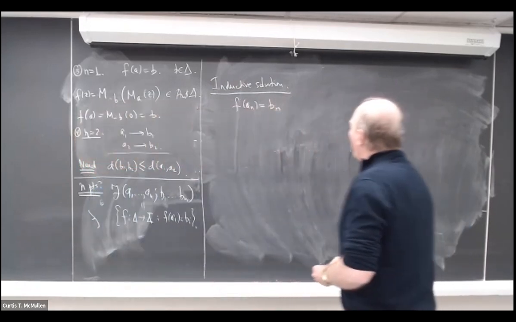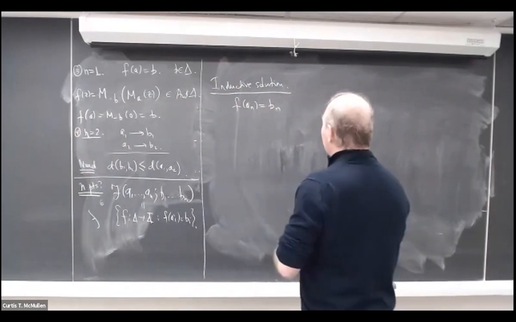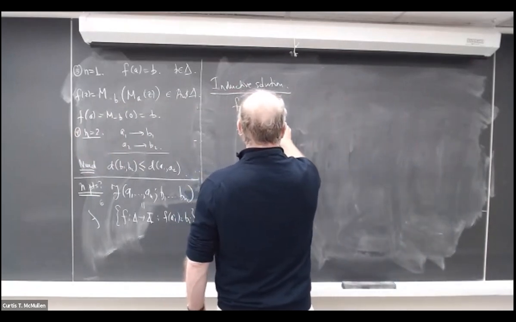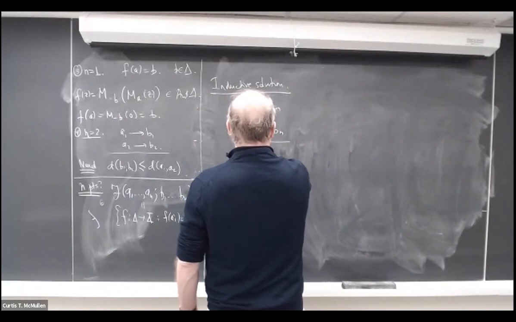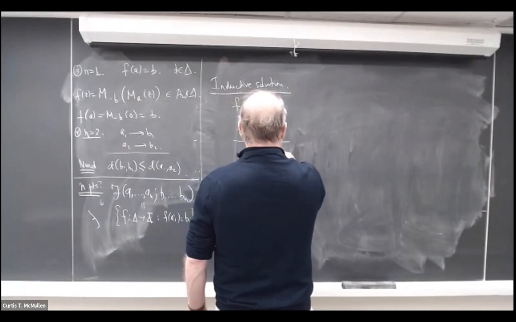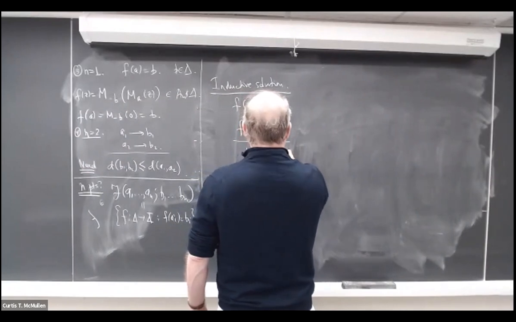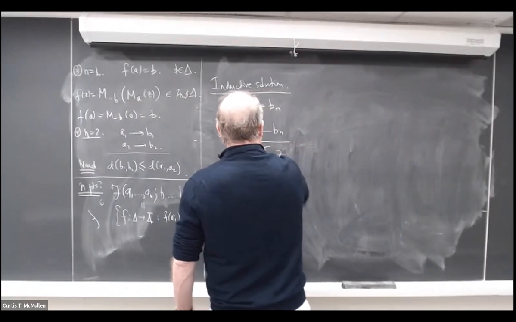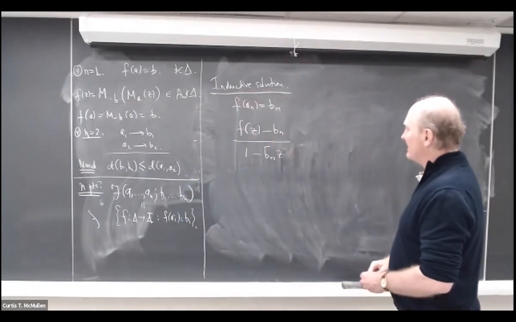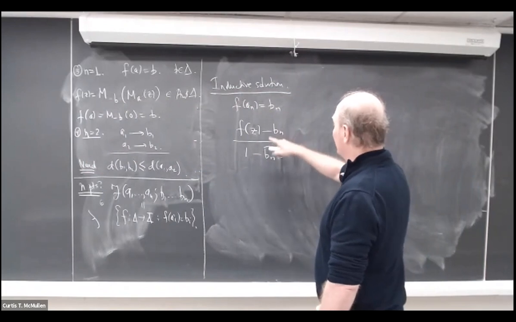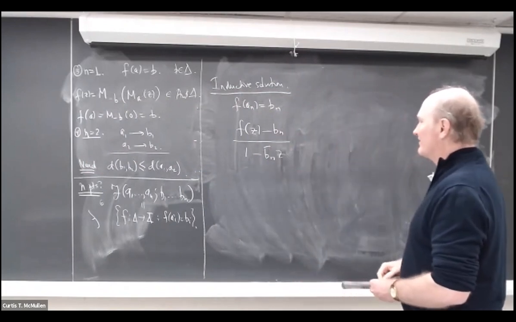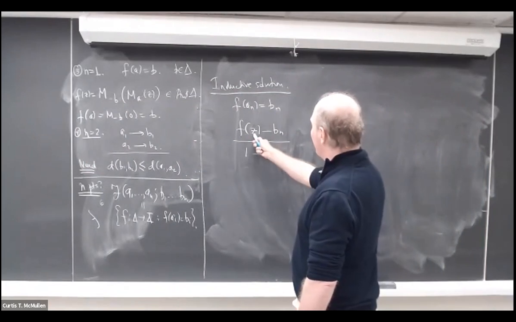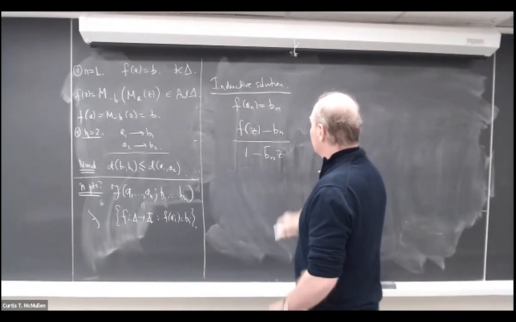Well then, if we modify this a little bit, that is, if we take f of z minus bn over 1 minus bn bar f of z, which is just the composition of f with a Mobius transformation, an automorphism of the disk, this function has the property that when we plug in an, we get 0.